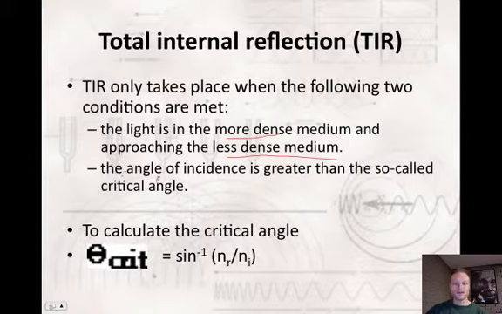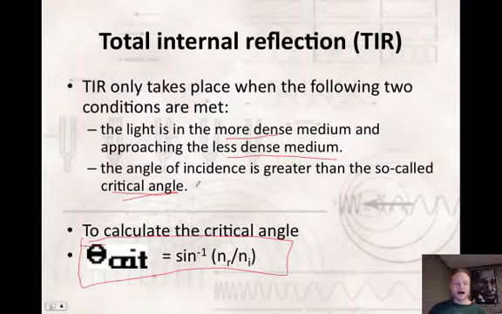The second rule is that the angle of incidence is greater than the critical angle. The angle at which the light ray is headed towards the second medium has got to be greater than this thing called the critical angle. If you're wondering how to calculate the critical angle, we're going to be using this formula right here, and it's really a spin-off of Snell's law.